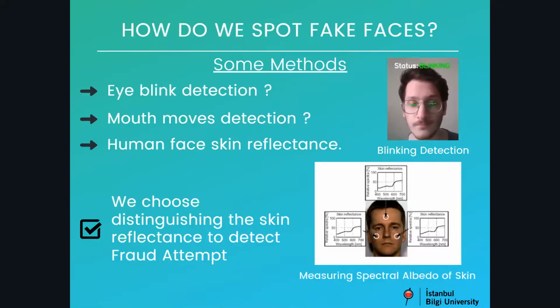In other words, the part of the radiation from the light source reflected by the object. This ratio depends on the texture, color, and width of the object surface. Thus, real face and fake face can be distinguished.